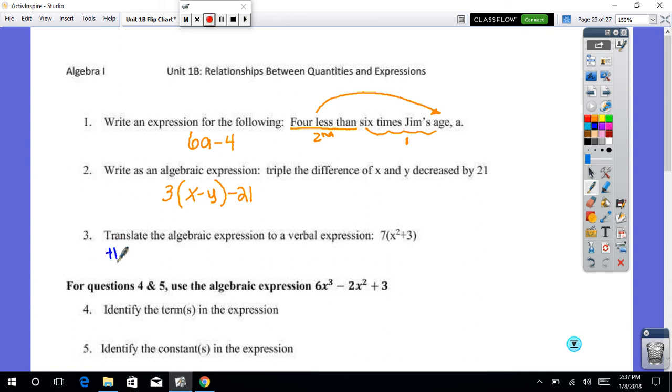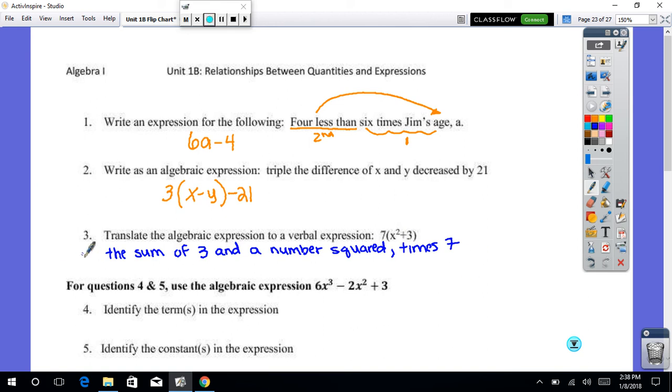So we have the sum of 3 and a number squared times 7.